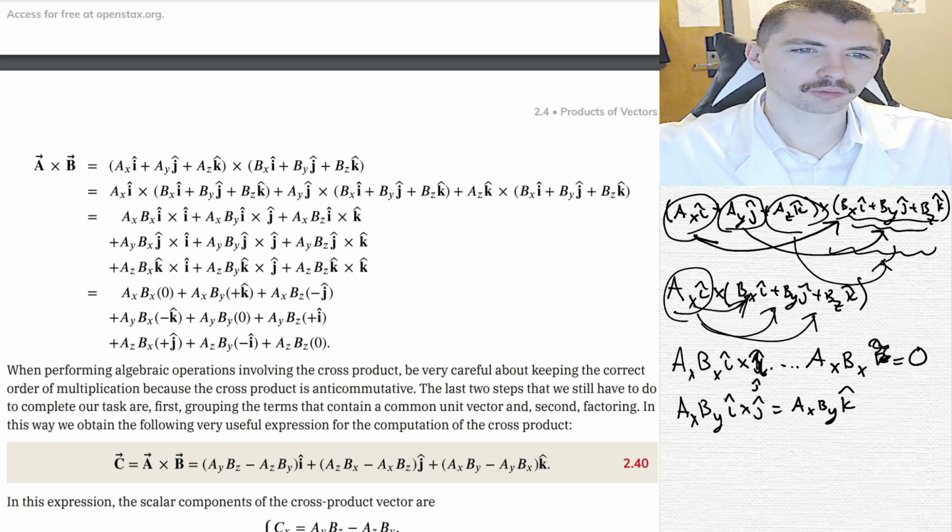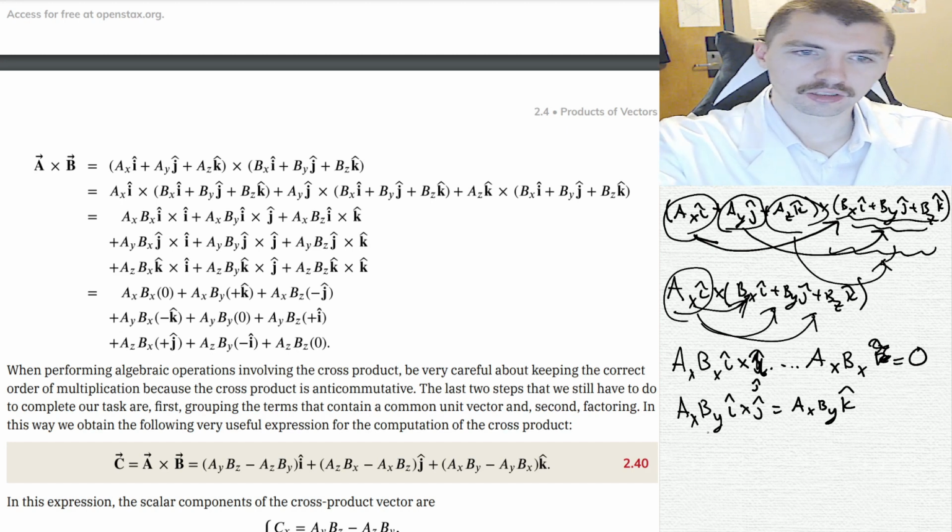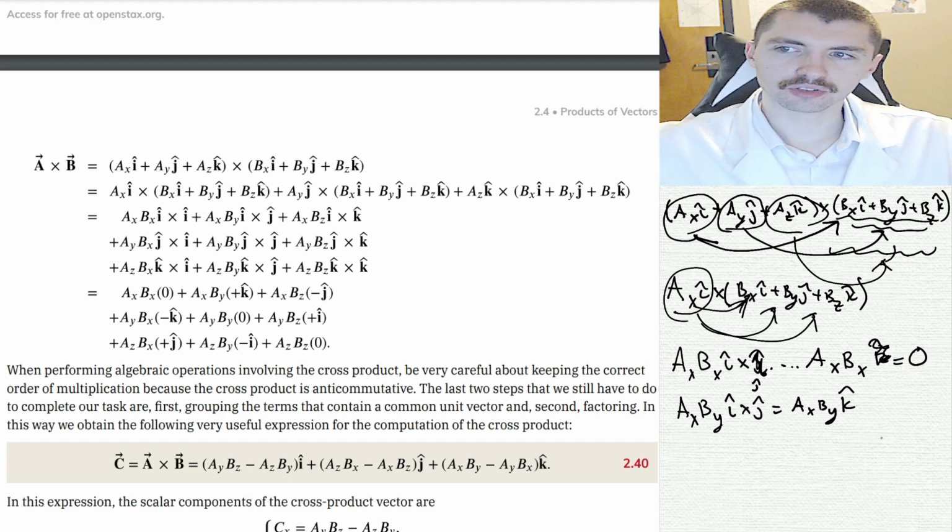Now, what I want to know is why is I cross K negative J. So if it's positive K here, why is it negative J here?